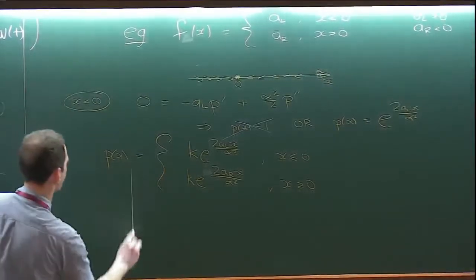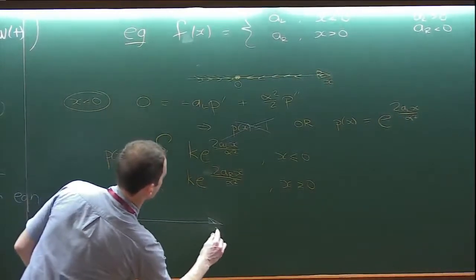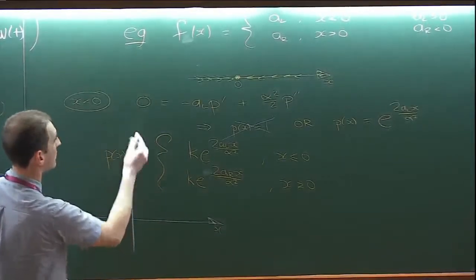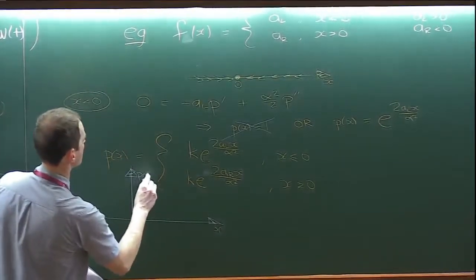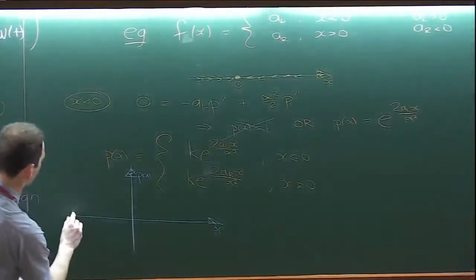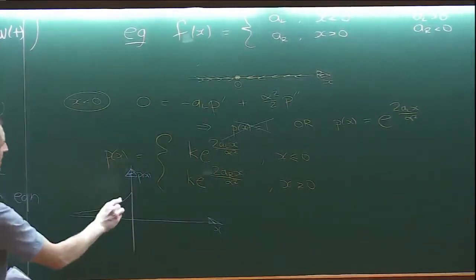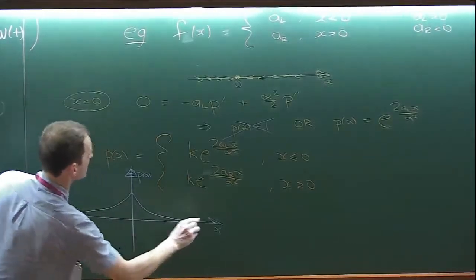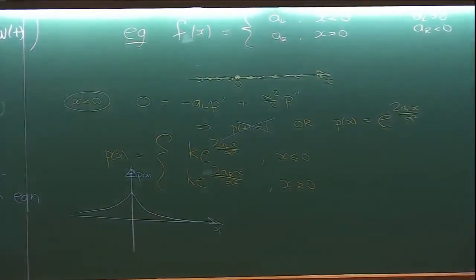What does this look like? Remember, AL is positive, AR is negative. So I've got an increasing exponential and a decreasing exponential. That's what the density looks like.